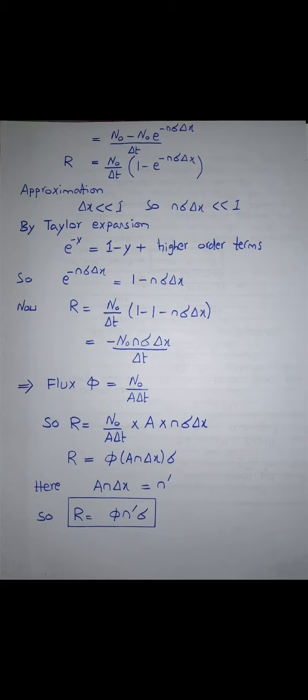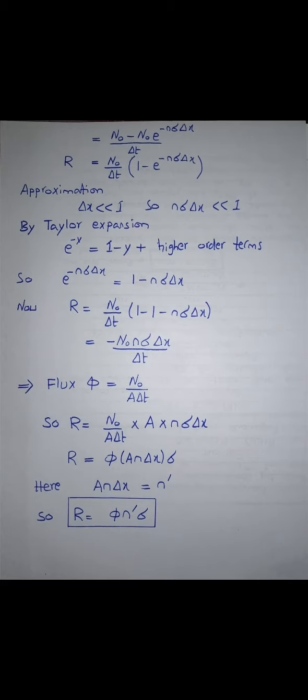Here we are going to take some approximation. We approximate that our slice is so thin that delta x is very small, less than 1. And if delta x is small, from the exponential term we can conclude that n sigma delta x is also much less than 1.